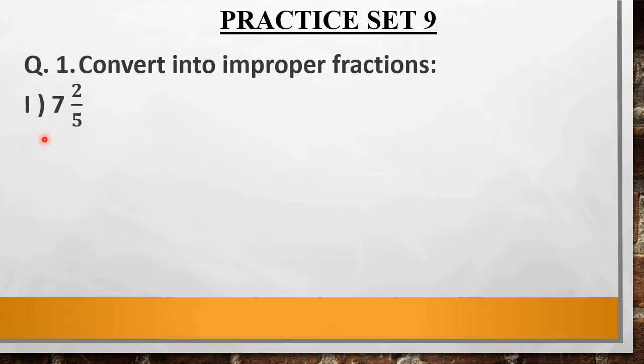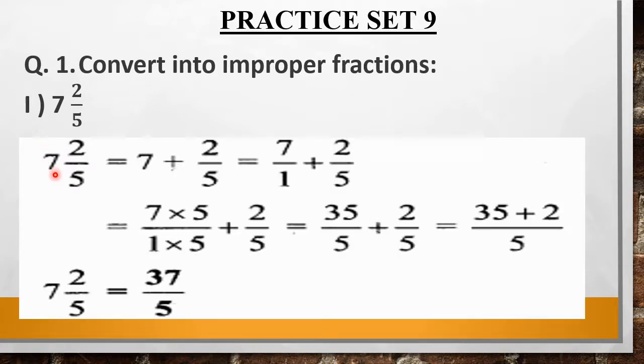We have to convert this into improper fraction. So 7 and 2 by 5 is equal to, we can write like this, 7 plus 2 by 5. So when a number doesn't have any denominator, that means the denominator is 1. So 7 by 1 plus 2 by 5.